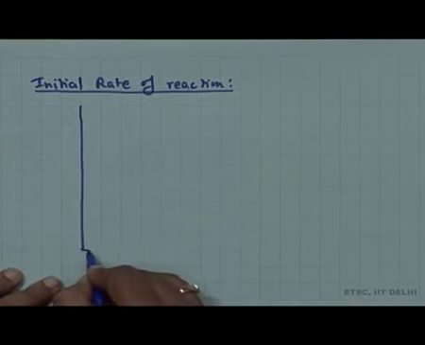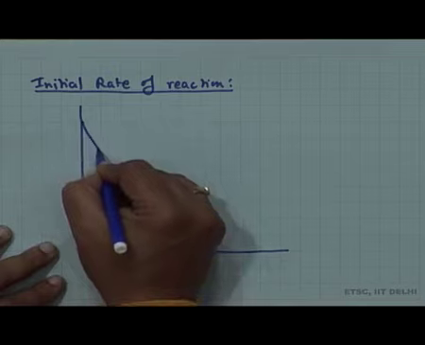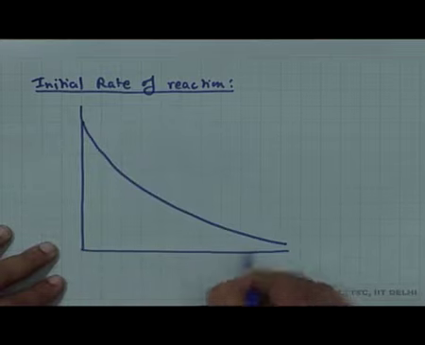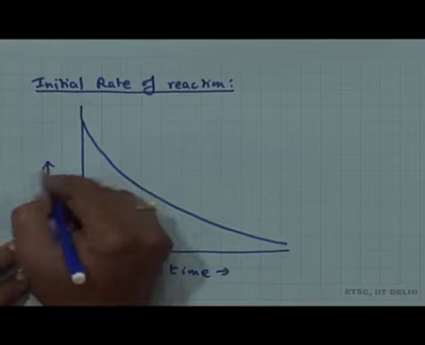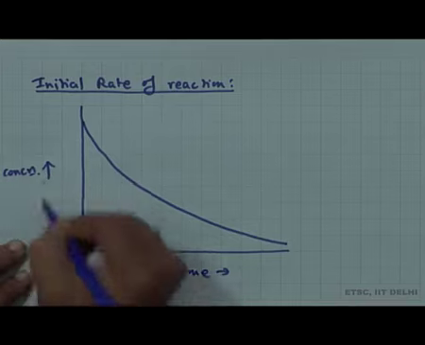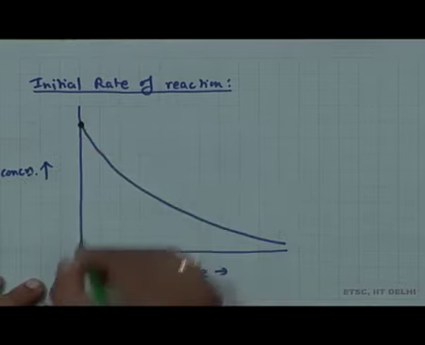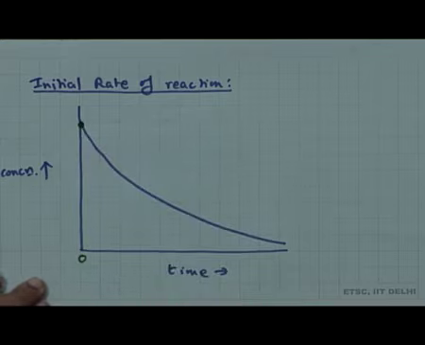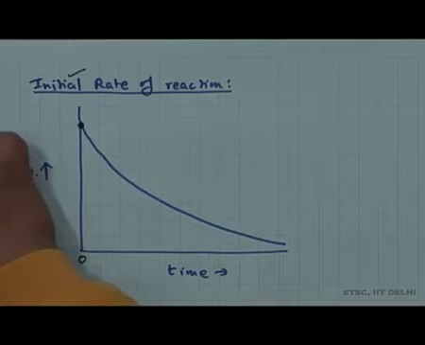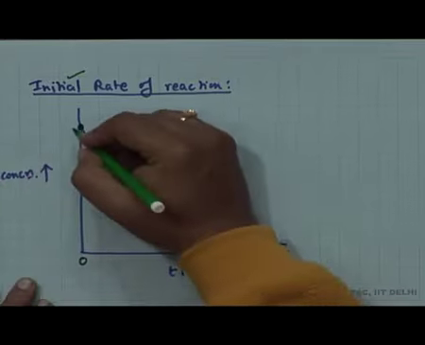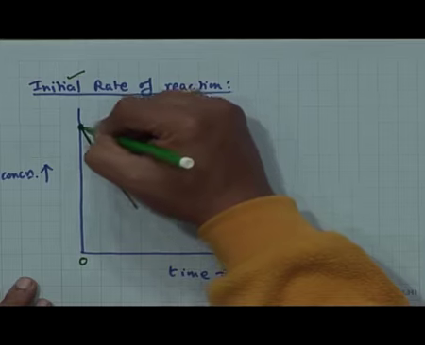If I have to depict it using a kinetic reaction profile, for a reactant, this is time and this is concentration. If this is my initial time point, remember this is 0, I have to find the initial reaction rate. So, I draw a tangent at this point.